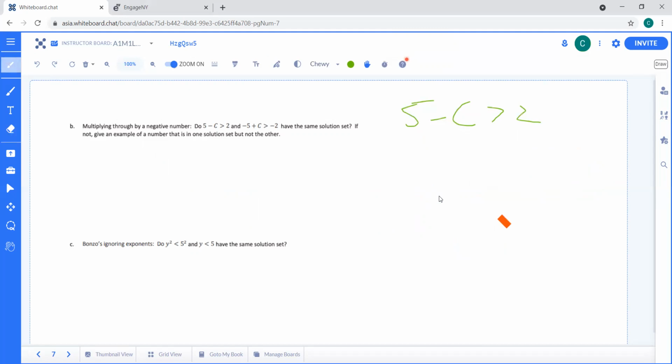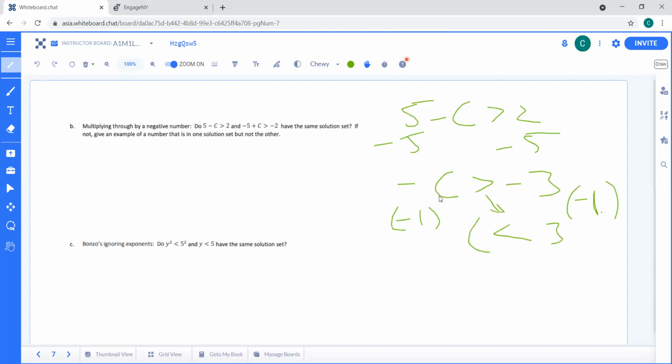Okay. So let's just do this again. Subtract 5. Subtract 5. I got -c greater than or equal to -3. Whenever I multiply through by a -1, I have to flip the sign. So c's got to be less than or equal to 3.